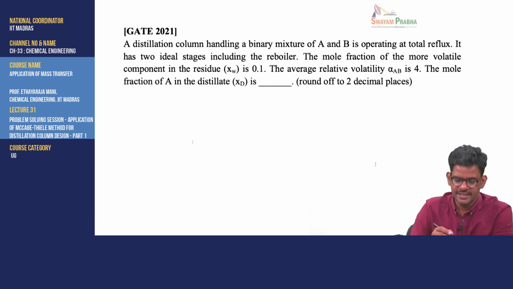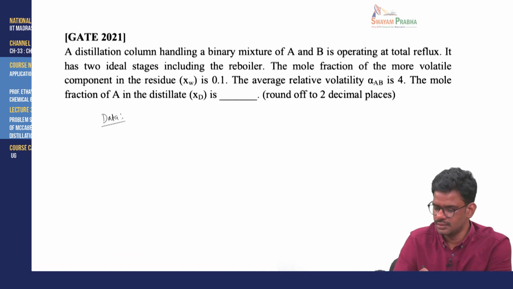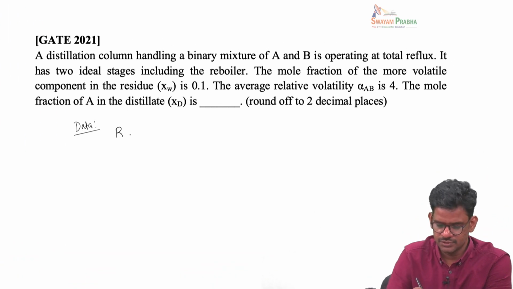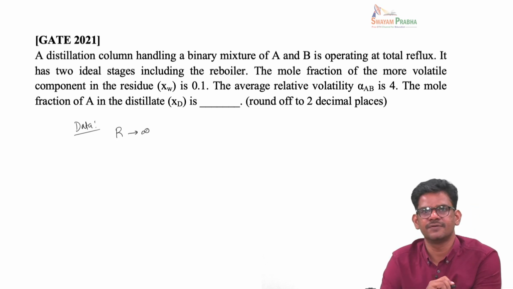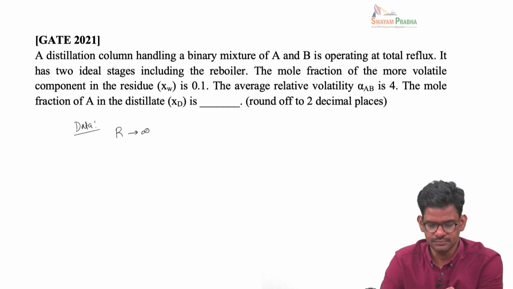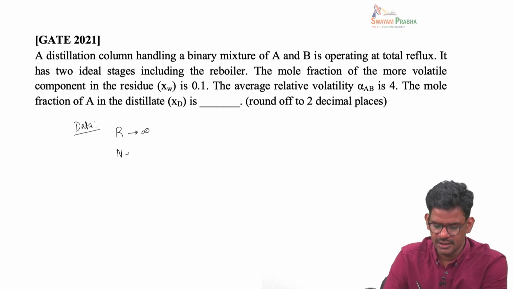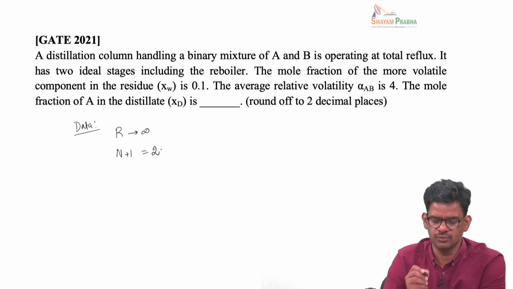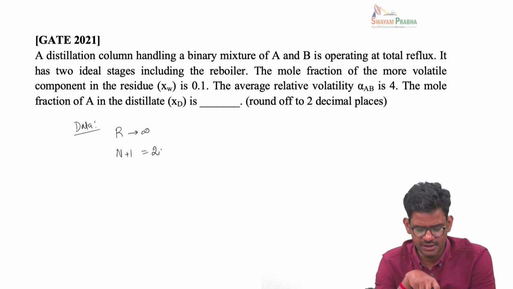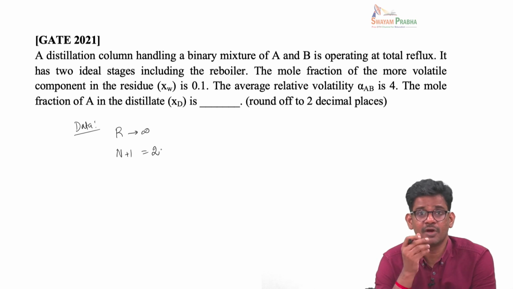So, let us write down the data given. So, this is total reflux, so R is infinite, and N plus 1 is given as 2. So, the number of stages including the reboiler is 2. So, basically the reboiler itself is a stage.